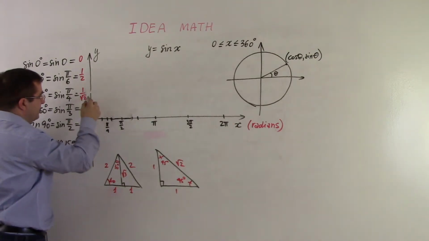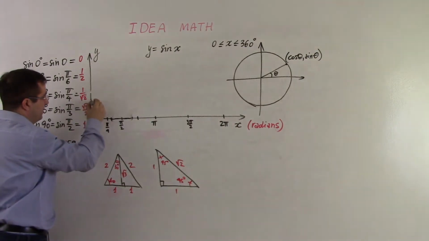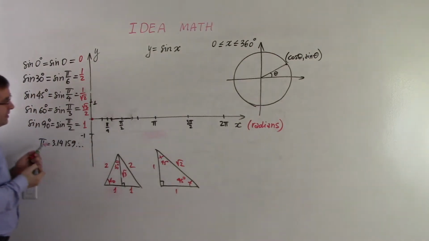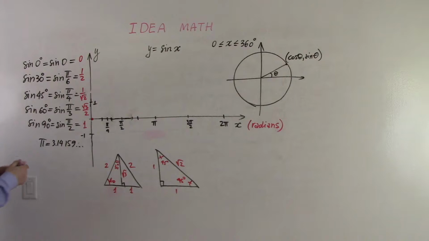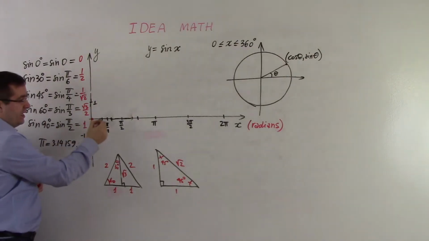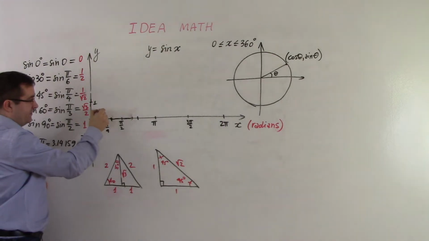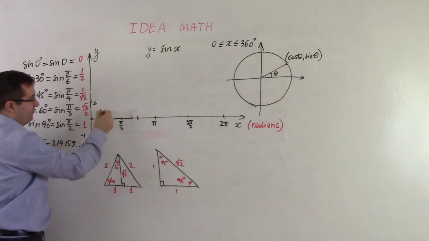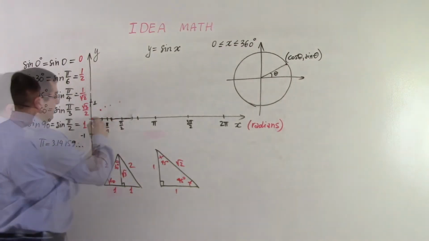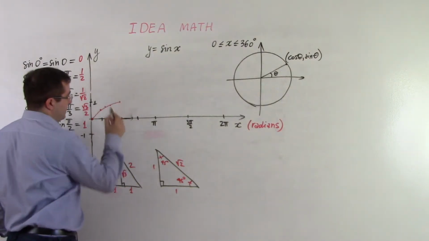So we can graph it over here. This is 1, and this will be our negative 1. So if this is 1, let's plot. At 0 we have 0. At pi over 6 we have 1/2. At pi over 4 we have 1 over root 2, which is slightly bigger. This is how our graph looks.